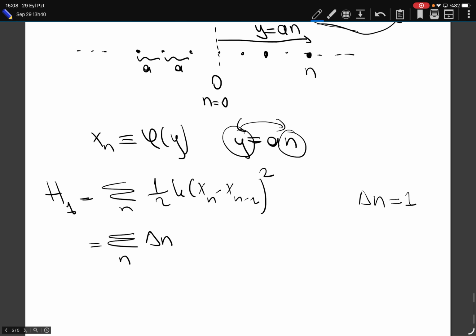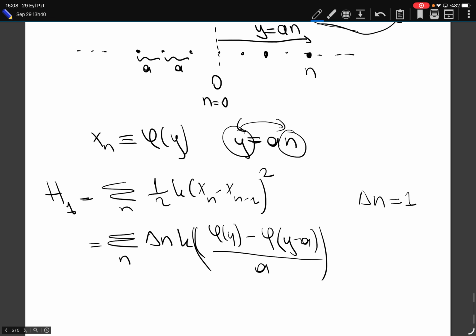Then I have k. Well, xn is, let's say, phi of y. xn minus 1 then is phi of y minus a. Let me divide by a squared and multiply by a squared.